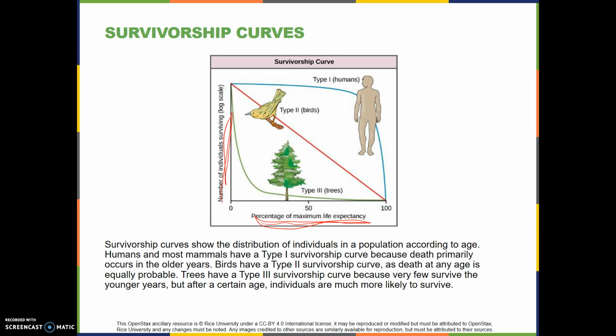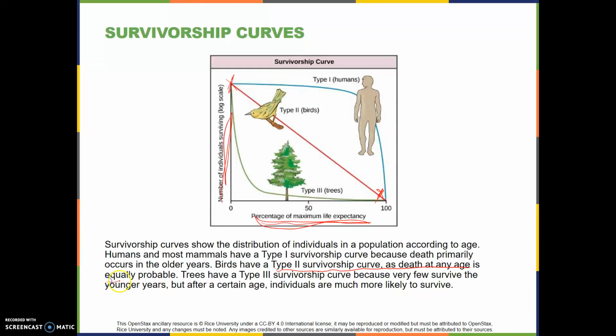With birds, when the number of individuals surviving is high, the life expectancy is lowest. And when the number of individuals surviving is low, so a smaller population size, you have a higher life expectancy. That's a type 2 curve. So in a type 2 curve, death at any age is equally probable.